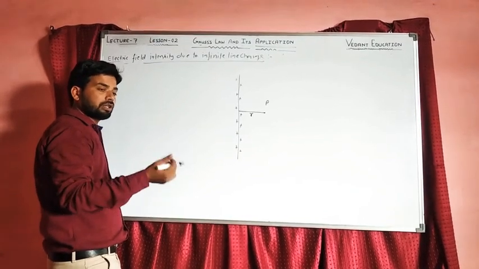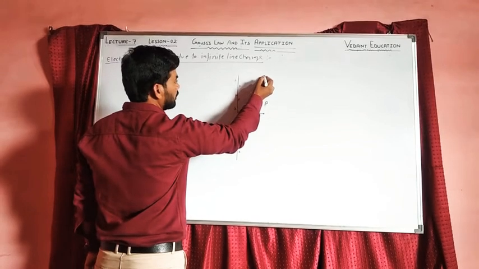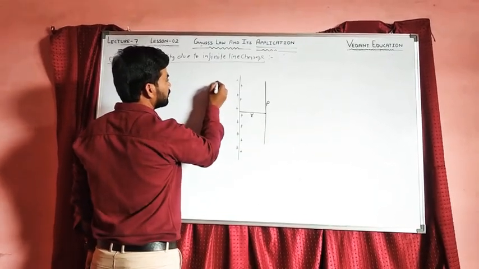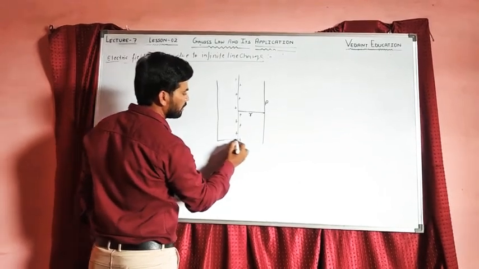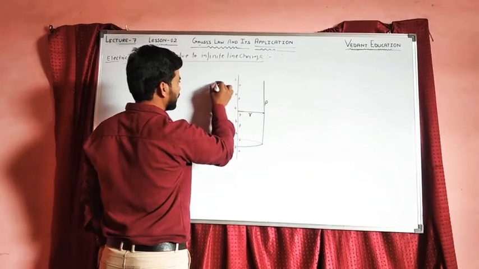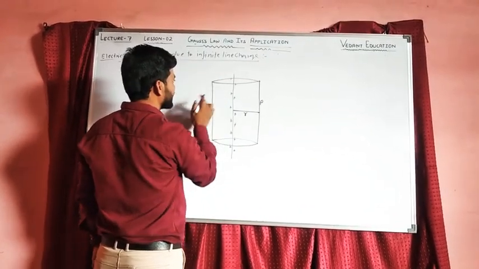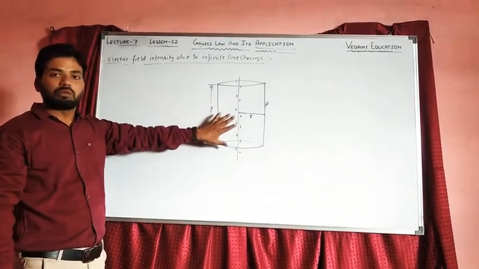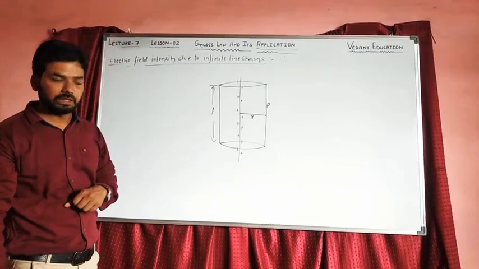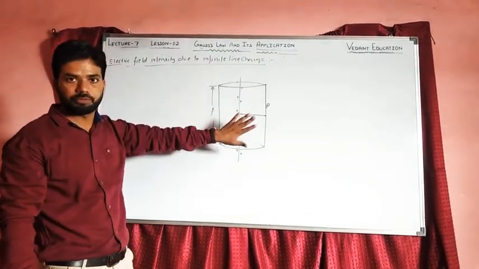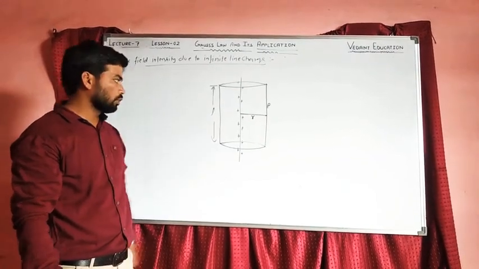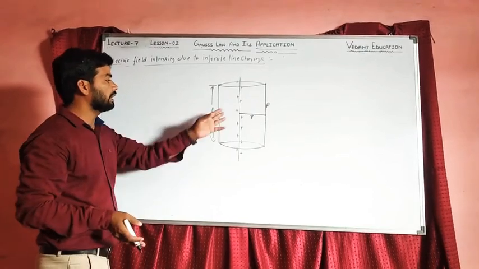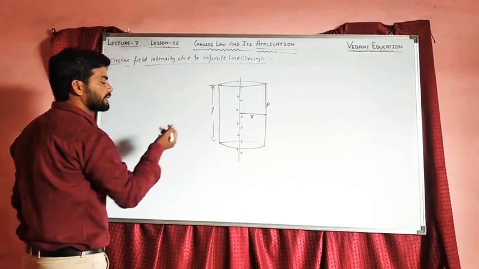So to enclose the position of the charge, we consider a cylindrical Gaussian surface of radius r and length L. We are going to derive the expression of electric field intensity with the help of Gauss's theorem for an infinite line charge.